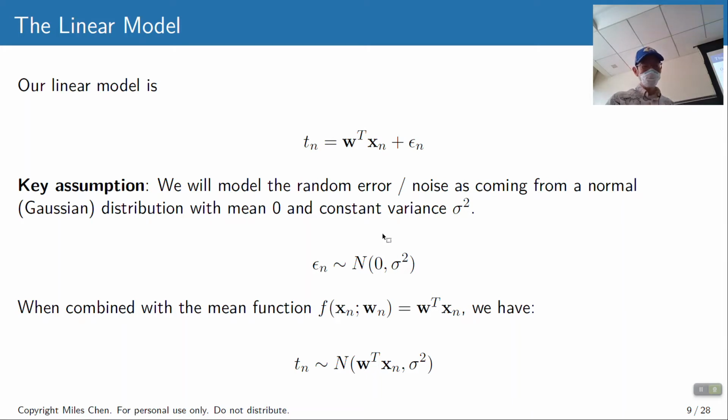But basically, if the errors come from a normal distribution centered at 0 with variance sigma squared, then T sub n, which is just the errors added to this thing, will come from a normal distribution centered at this thing with variance sigma squared.